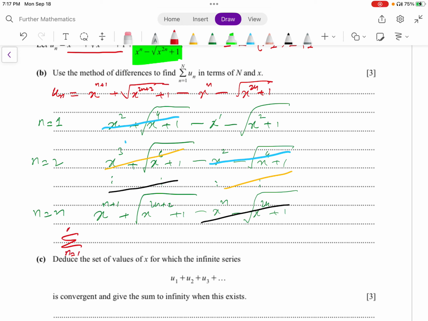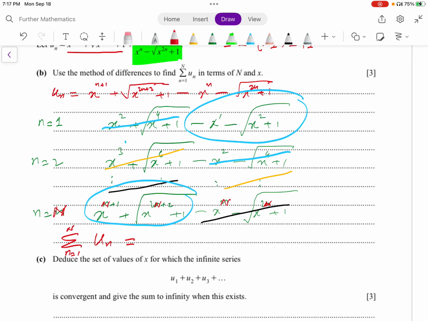So finally, the sum of un from n equals 1 to capital N is going to be, we have to plug in capital N here. It was capital N everywhere. So the terms we are left with are this part and this part.